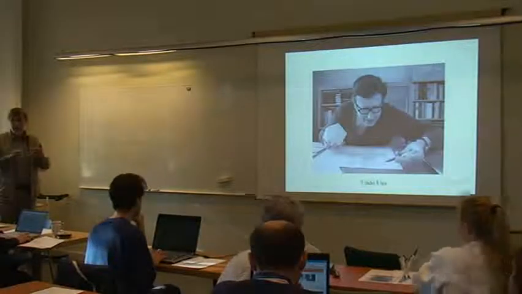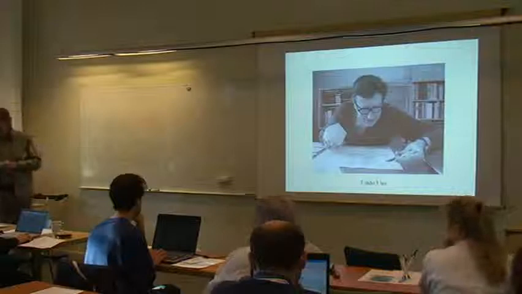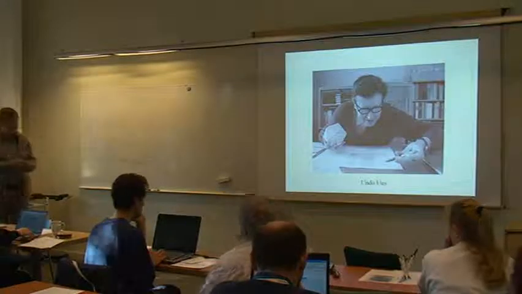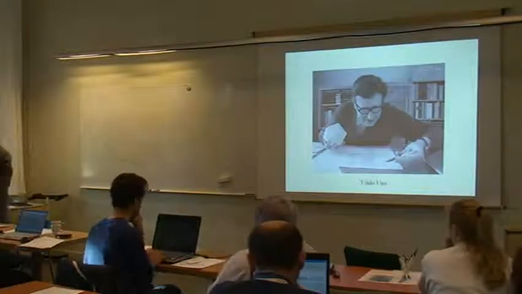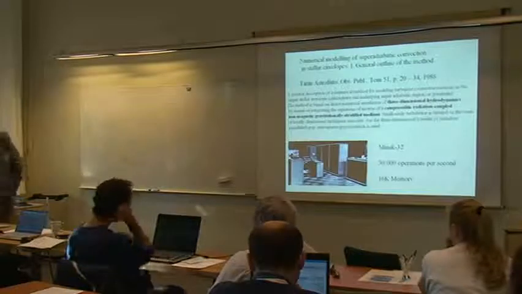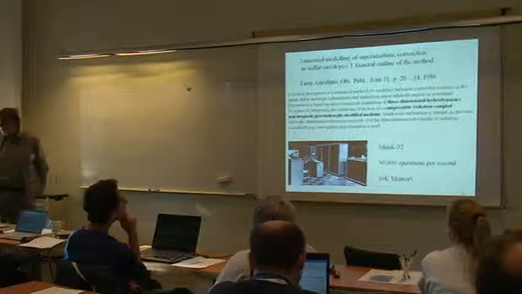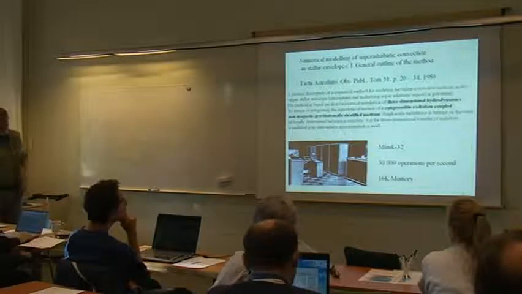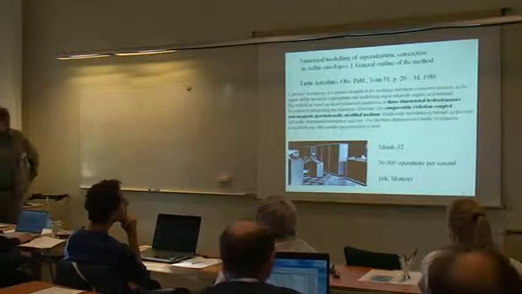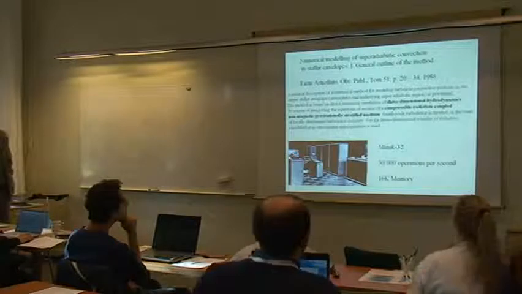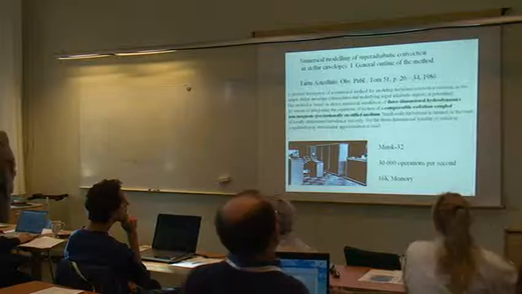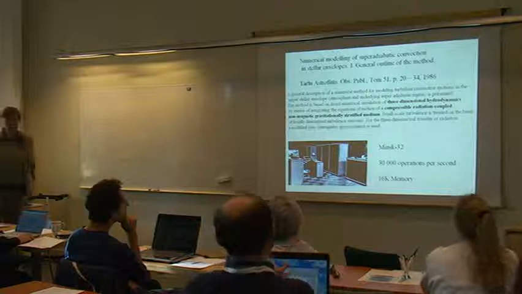He wanted to model spherical convection in a star. And in the very early times, he was forced to use the computer Minsk 32. We had a memory of 16K, and it did 30,000 flops per second.